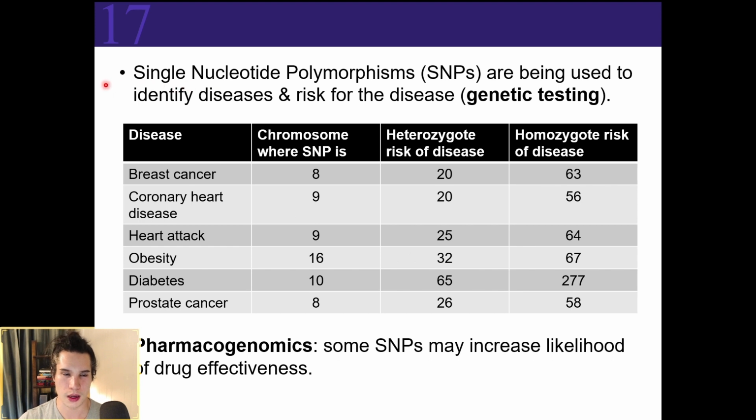All right, and then just to recap everything or to see the bigger picture here. Your single nucleotide polymorphisms could actually be used to identify disease and risk for disease. So we could run genetic testing to determine a person's propensity to develop a disease, for example.